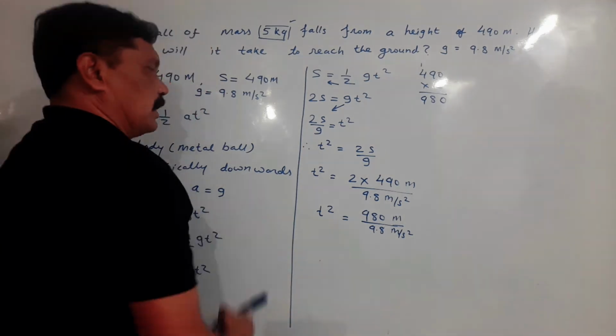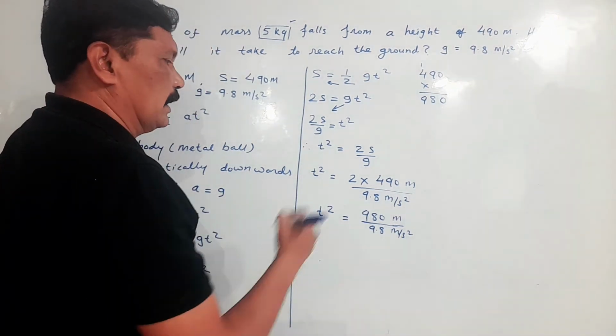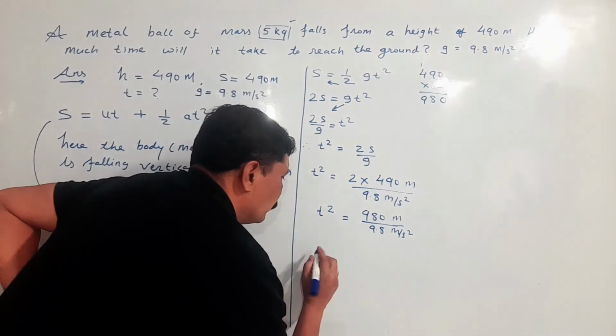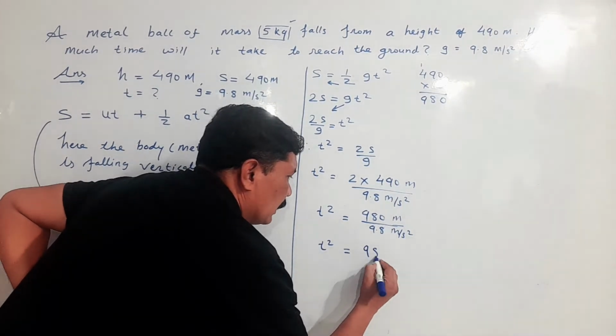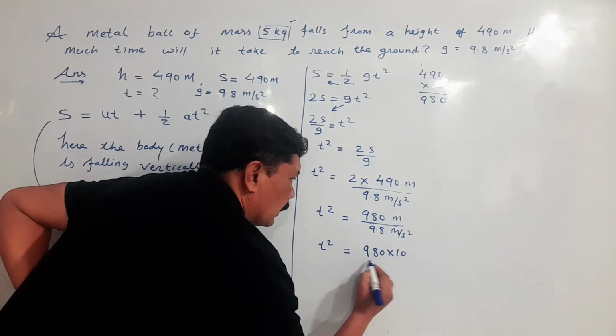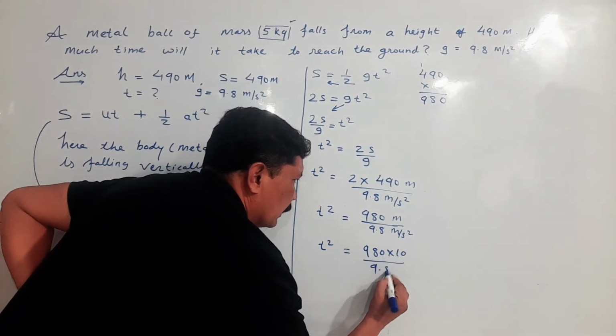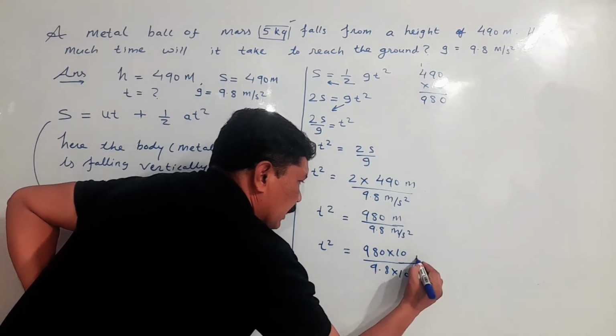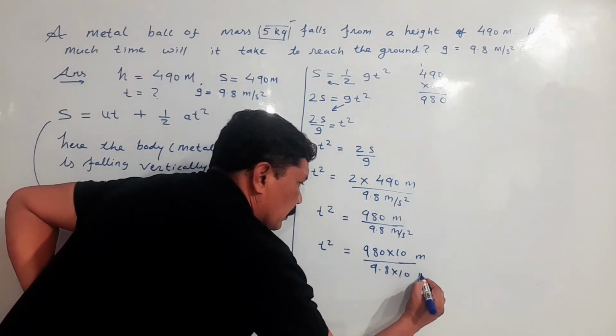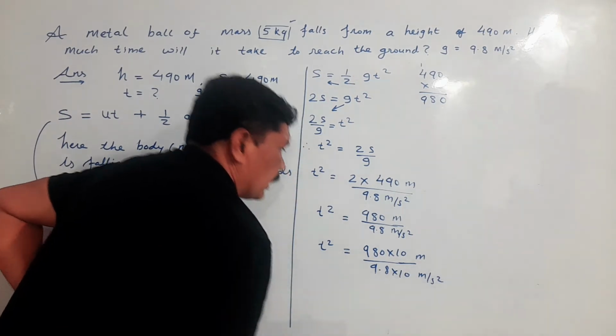Now my dear student, here we have to remove the decimal point. So what we can do? T square is equal to 980 into 10 upon 980 into 10 we can write, and the unit we can write meter, and in denominator the unit meter per second square we can write.